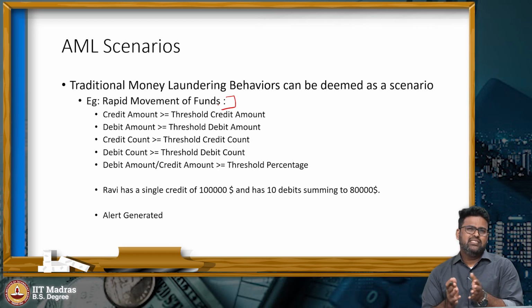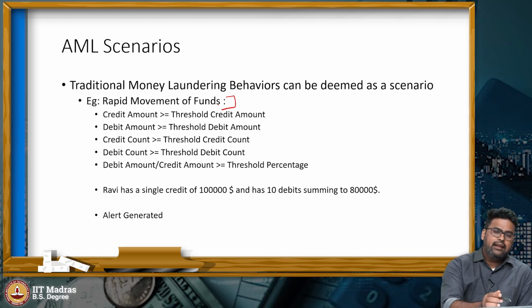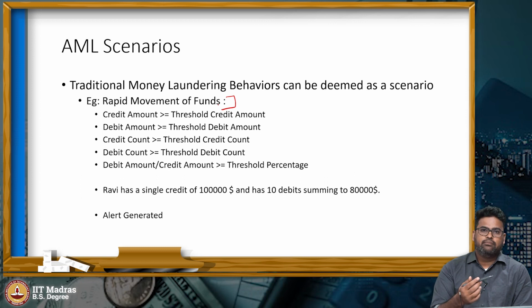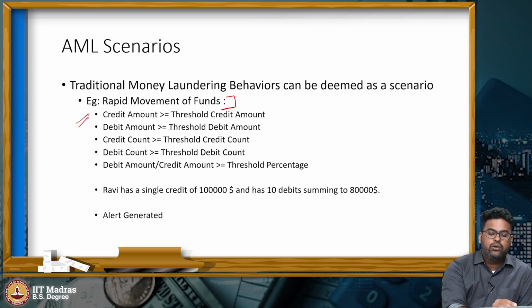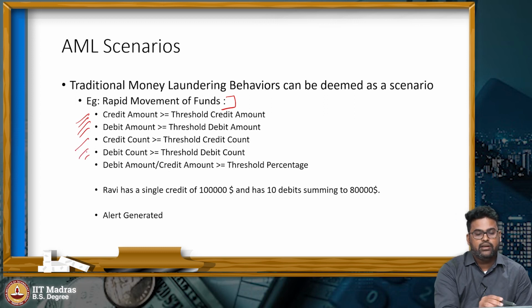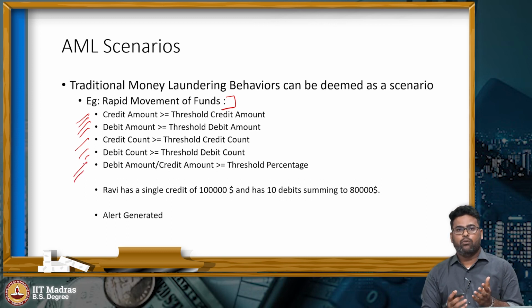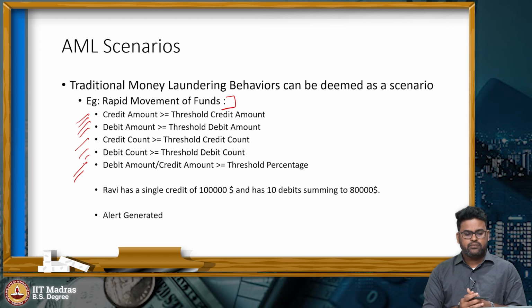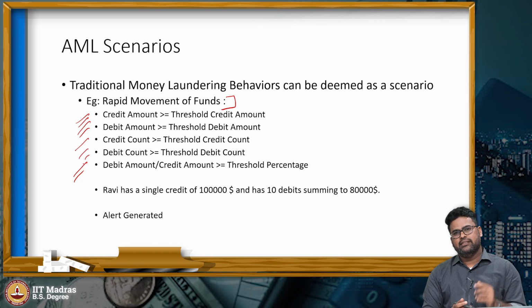This is a traditional money laundering pattern which was identified, and the bank would have set rules based on some statistical analysis they had in place. The different parameters they'll be looking at for this scenario are your credit amount, which has to breach a certain threshold, your debit amount, which has to breach a certain threshold, your credit and debit transaction counts, which have to breach the thresholds, and your final ratio, how much of the amount which is getting credited is getting flushed out. If these thresholds are breached, an alert is generated.